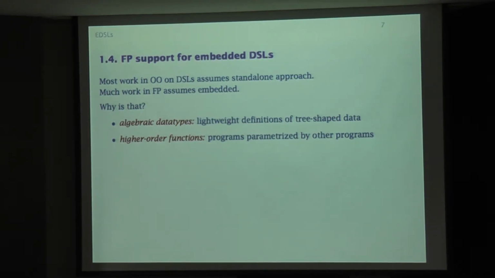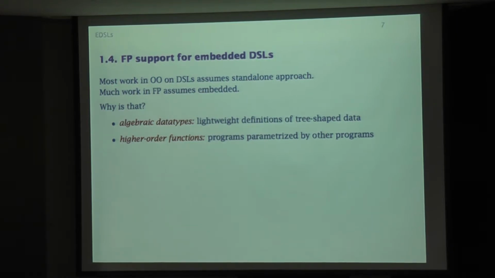Well, what I'm going to argue is it's a consequence of your programming style. If you're a functional programmer, you'll do it this way because you have these two features, algebraic data types and higher order functions. And if you're an OO programmer, you have neither of these, and so having neither of these makes the embedded DSL approach much less appealing.